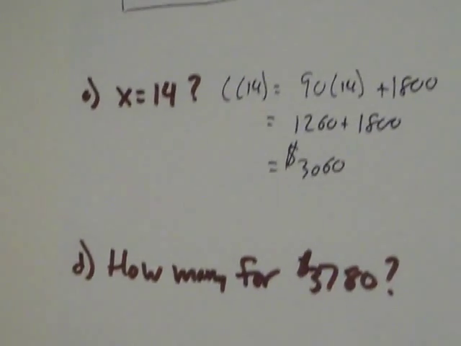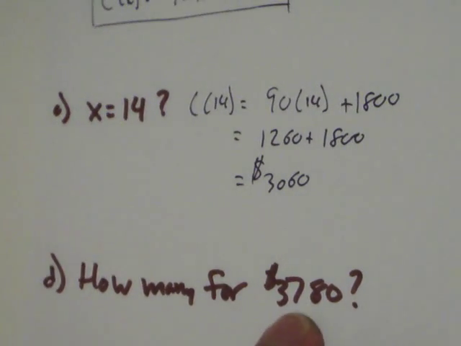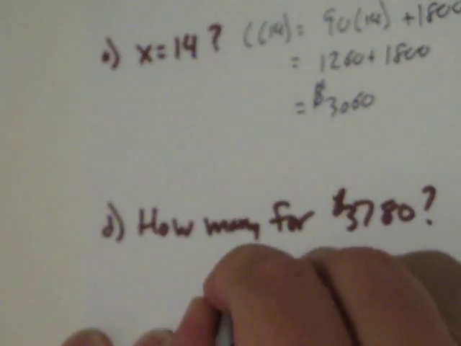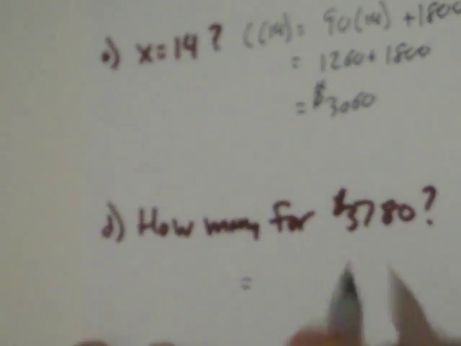And then finally they ask us, if they spent $3,780, how many bicycles could we make? So what we know now is how much they spent, we just don't know how many bicycles we have. We don't know the x. The way we would set this up is we know what the finished product has to be.